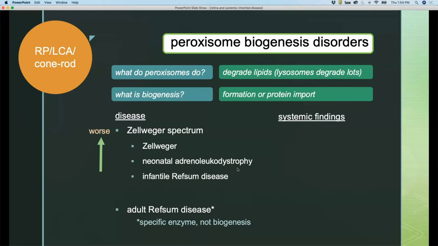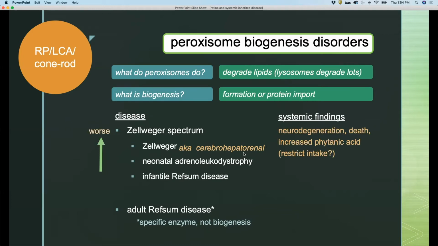So there's a couple other organs that are found to be affected in Zellweger disease, and they're captured in the other name of Zellweger disease, which is cerebrohepatorenal. So we talked about the brain being affected, but also the liver and the kidney.